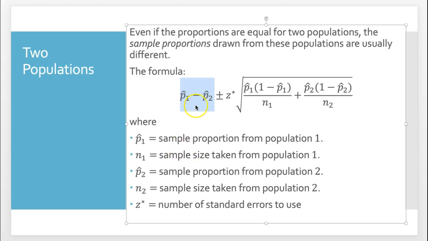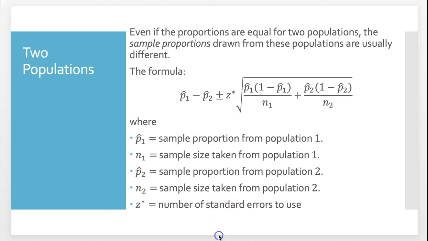This is our point estimate, and now we add a margin of error, so we do plus and minus this margin of error. What's underneath the radical sign is the standard error for the difference in proportions, and the z star tells us how many standard errors you want to include in the margin of error, right? And how we find the z star is the same method that we use in one sample proportion.